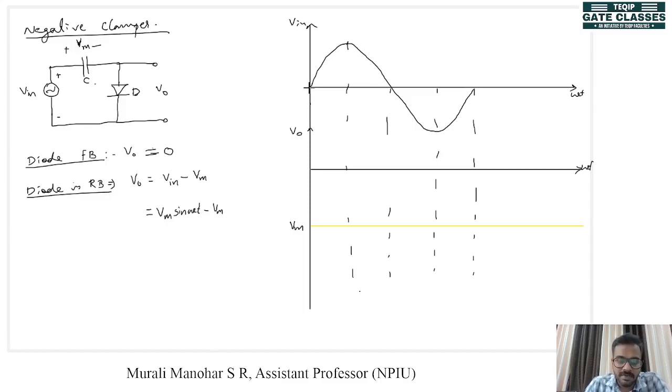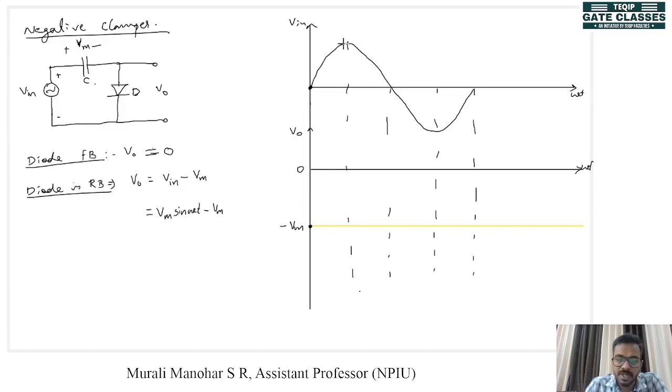So initially the value of Vm sin omega t or Vin is 0. So what will be the output voltage? This is 0. So this is minus Vm. So the output voltage will be 0 minus Vm, which is minus Vm.